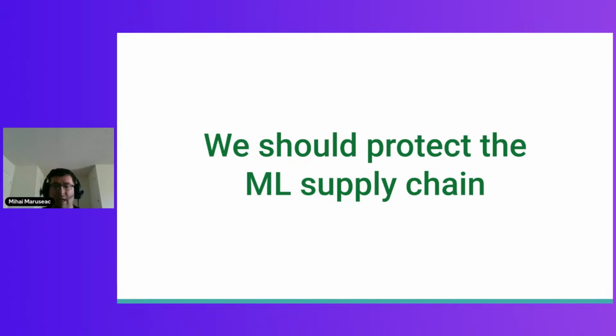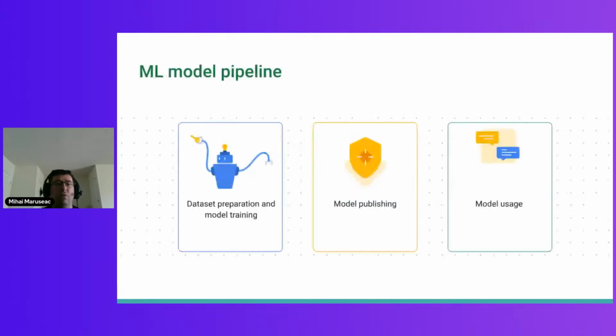Okay, so what is this ML supply chain? Looking at how ML is developed, we see three separate stages. The first stage is looking at data: gathering enough data, analyzing data, filtering data, making data in the shape that you can use for your model, and then training the model. The second stage, which in general is given to another team at companies, is publishing the model.